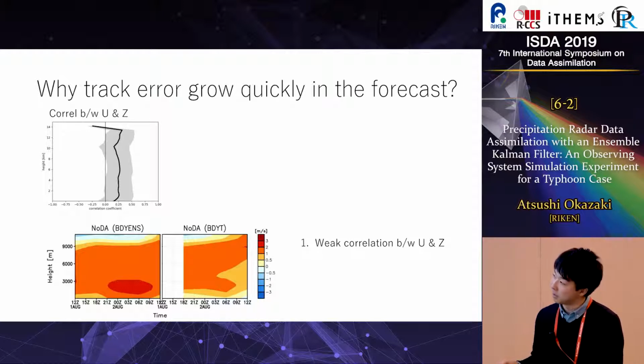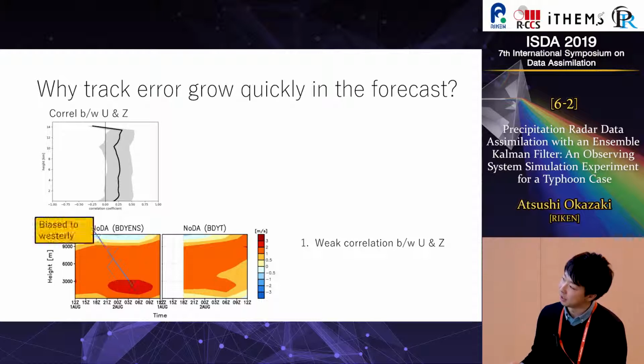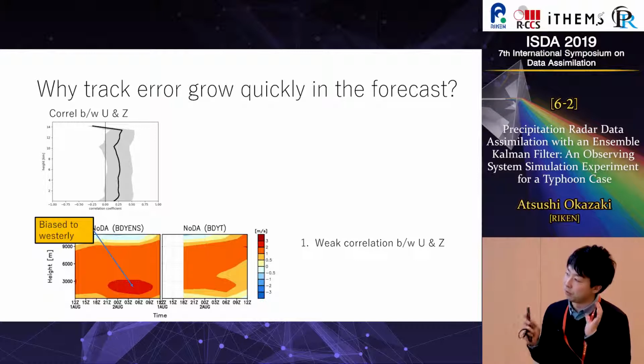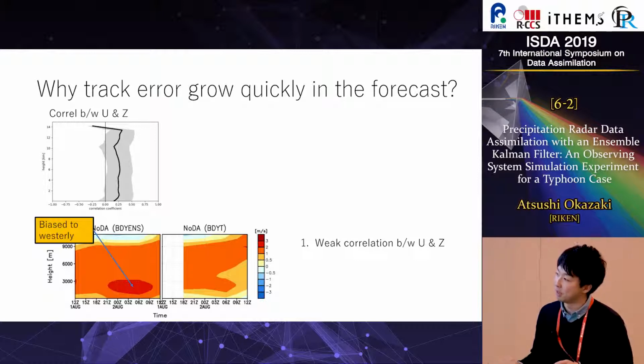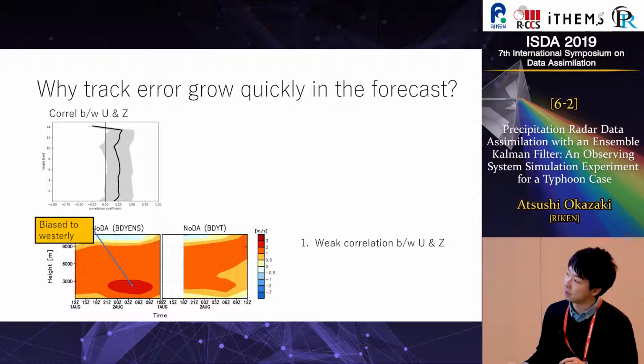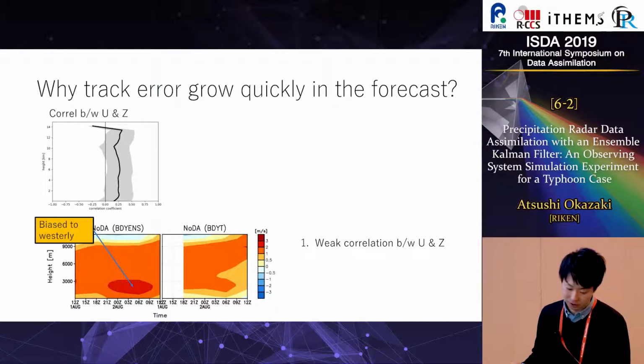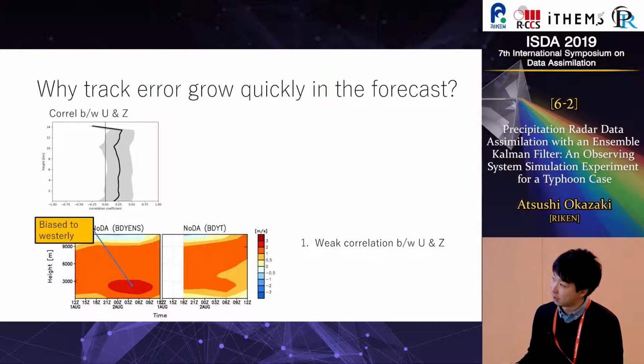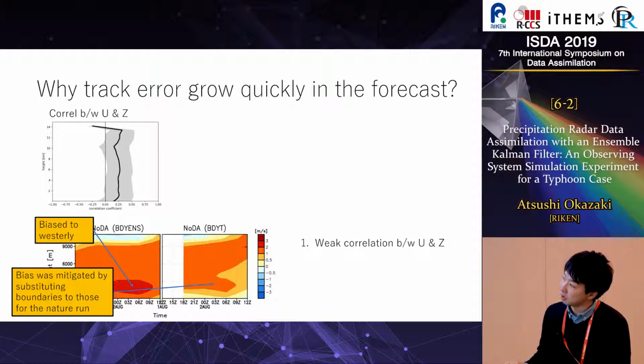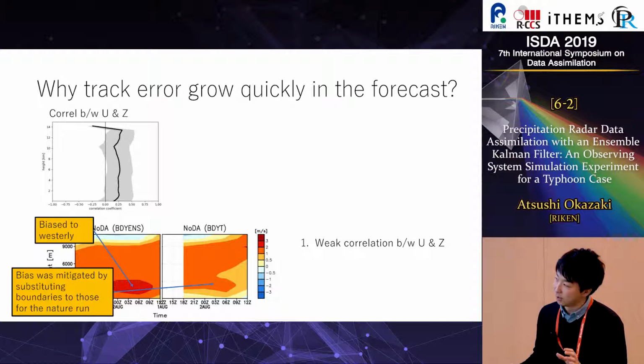we found bias in the boundary conditions. This shows the bias in the westerly wind field, and you can see that there is a westerly bias here, which forced the typhoon to stay at the same point. So this is the cause of the large track error in the typhoon. When you substitute the boundary condition with that of the truth simulation, the bias is mitigated.